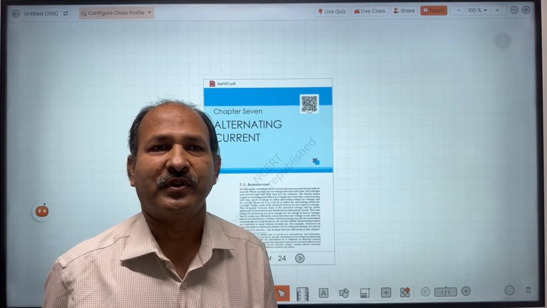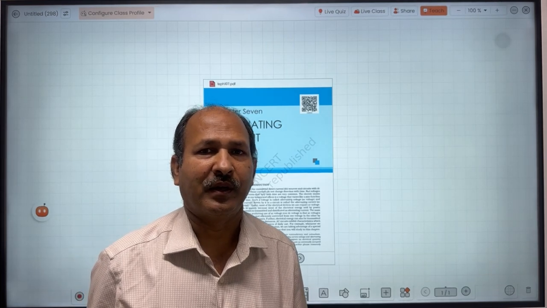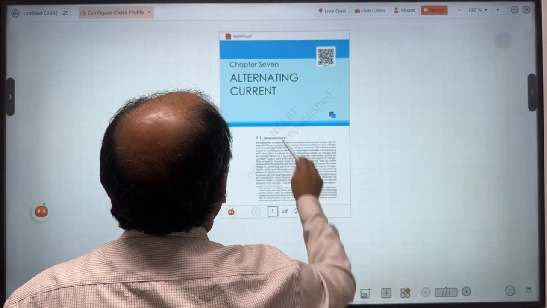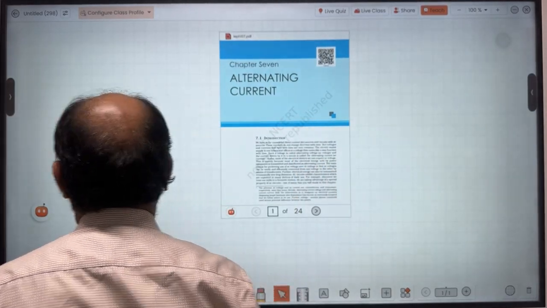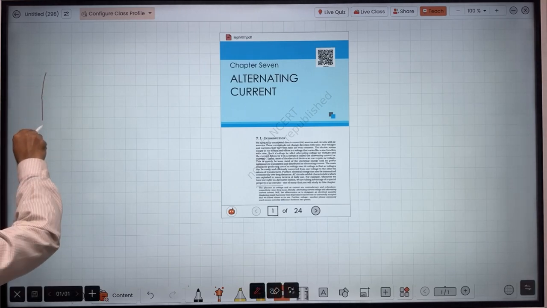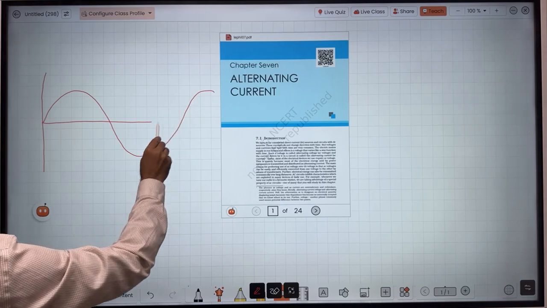Today we are going to start with chapter number 7 of class 12 physics, that is alternating current. So you are familiar with alternating current and direct current. If you remember, the graph of alternating current is like this, that is a sine wave.